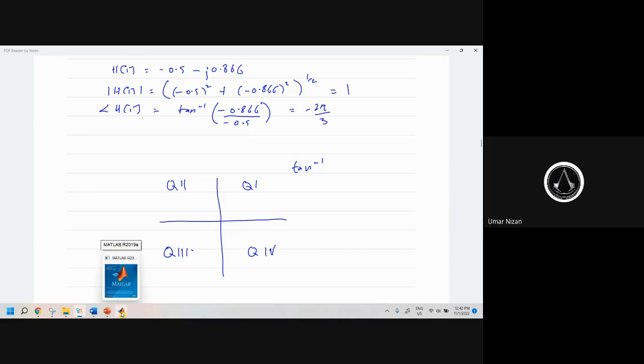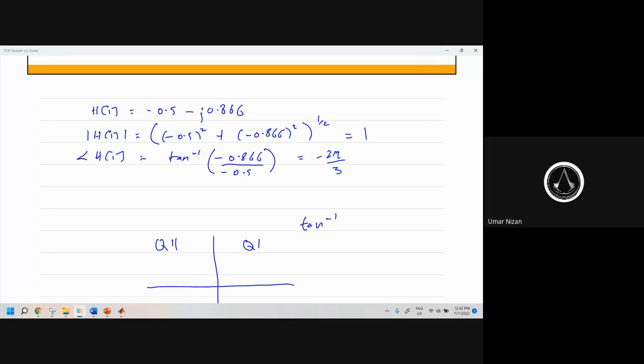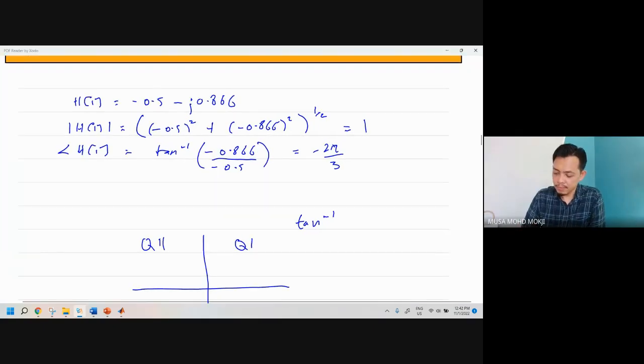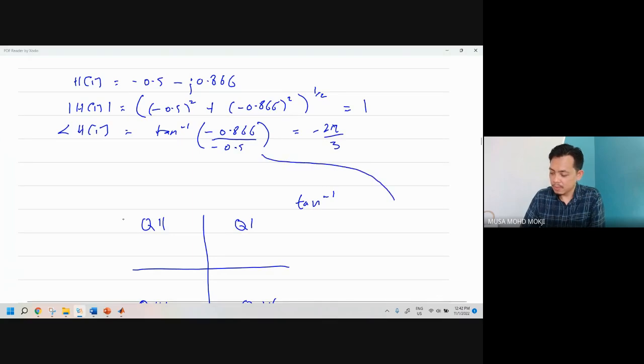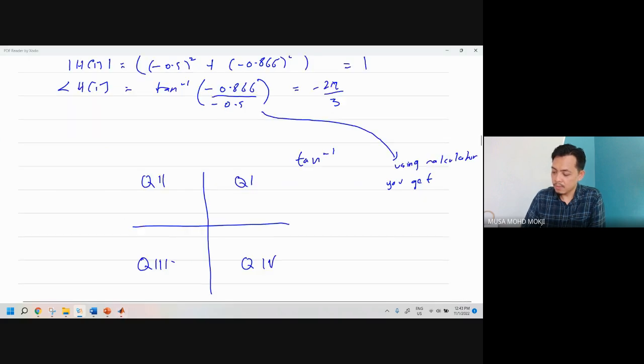It's 2 pi over 3, but it's positive if I put it in the calculator. Using the calculator, you get H1 equals 2 pi over 3. So it's not minus 2 pi over 3.